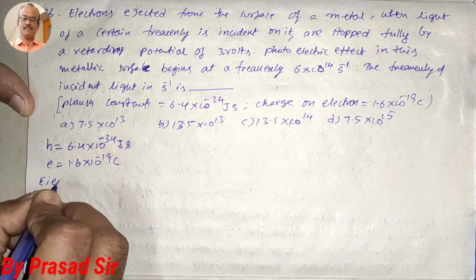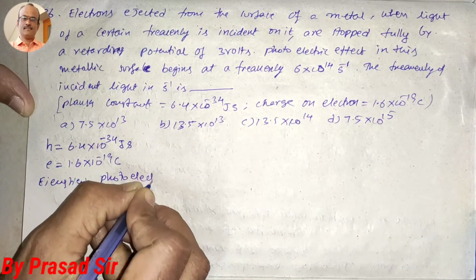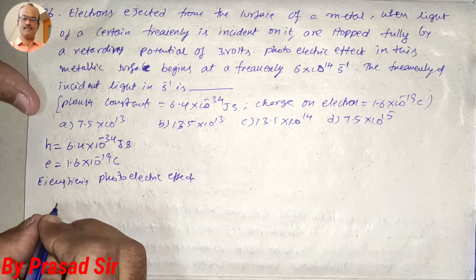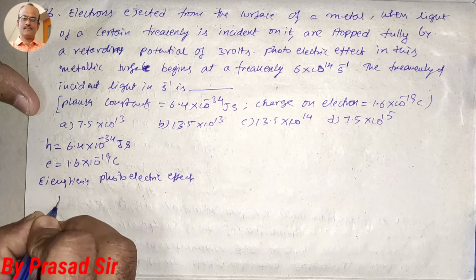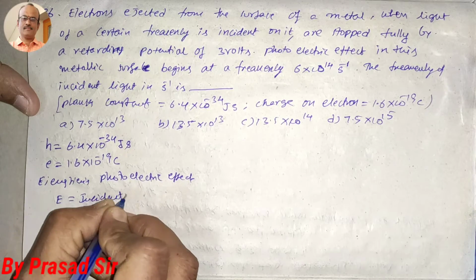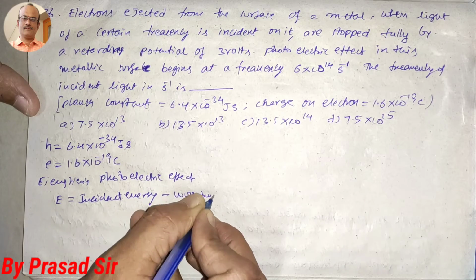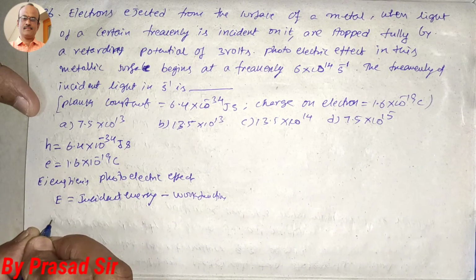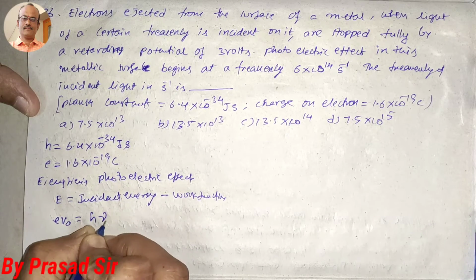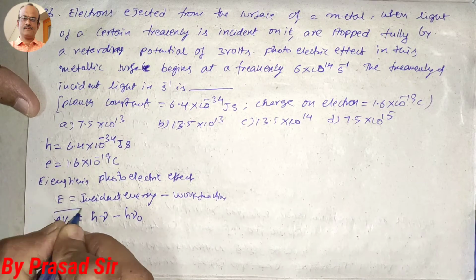According to Einstein's photoelectric effect, the equation we will write is: energy is equal to incident energy minus work function. So that means eV0 is equal to incident energy h nu minus h nu naught. This is the very important equation.